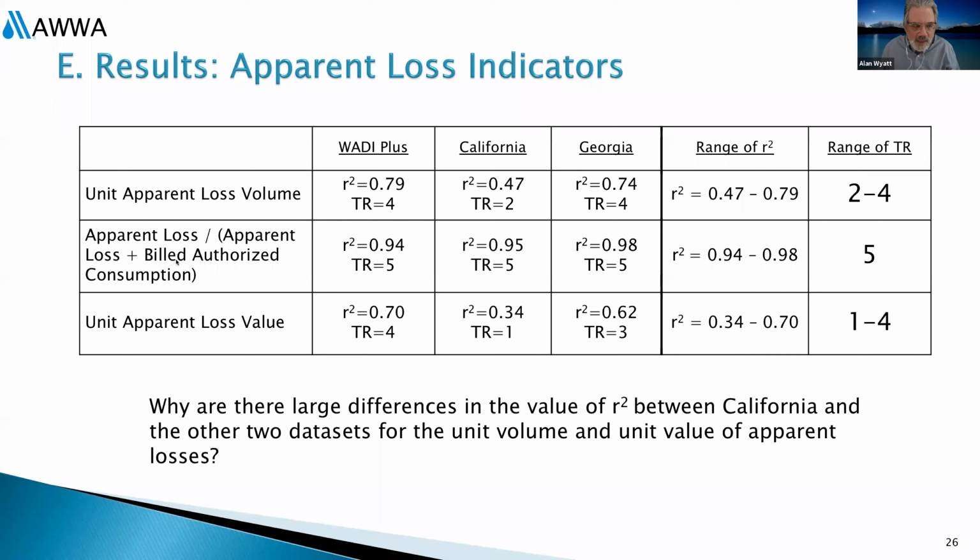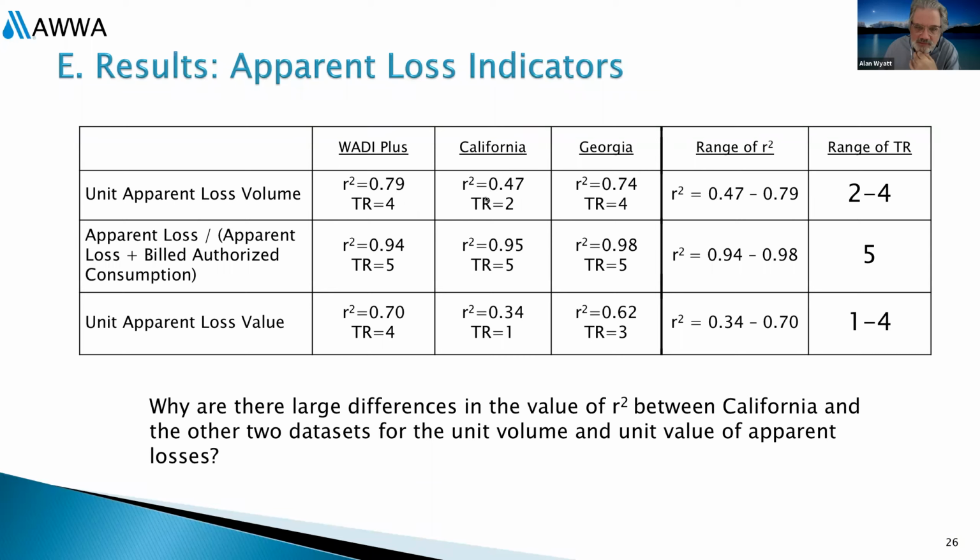You can see that apparent loss over apparent loss plus billed authorized gets a 5. The unit apparent loss volume ranges quite a bit depending on your location.